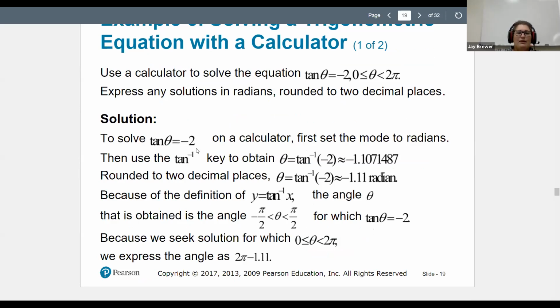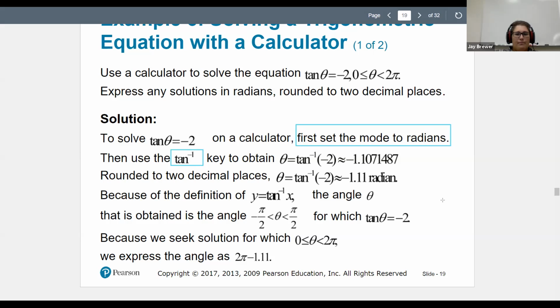All right. So this is kind of nice because it breaks down for you how you would put it in the calculator. Most importantly, first set mode to radians. Then you want to use the tangent inverse key.